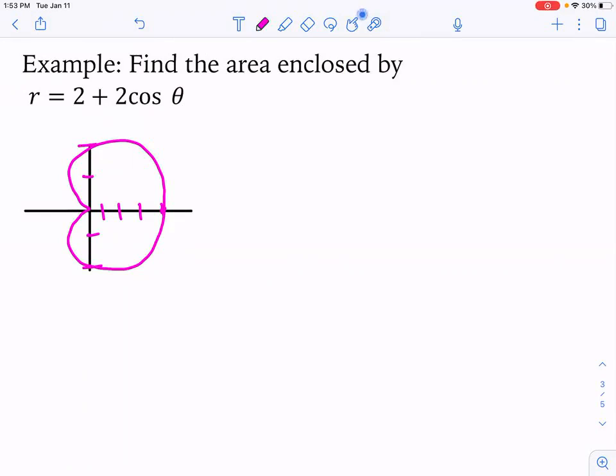Okay. So if I want to find the area inside of all of this, then we are going to have to take 1/2 the integral from 0 to 2 pi of 1/2 r squared.